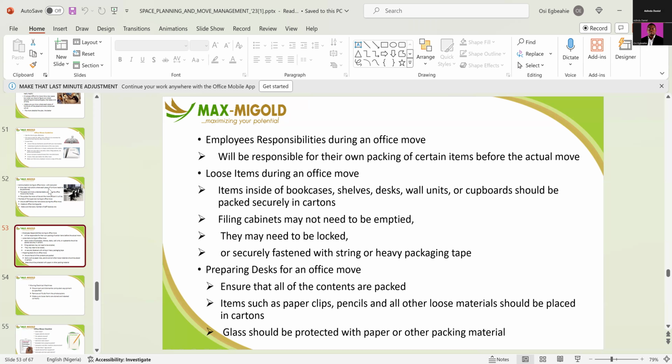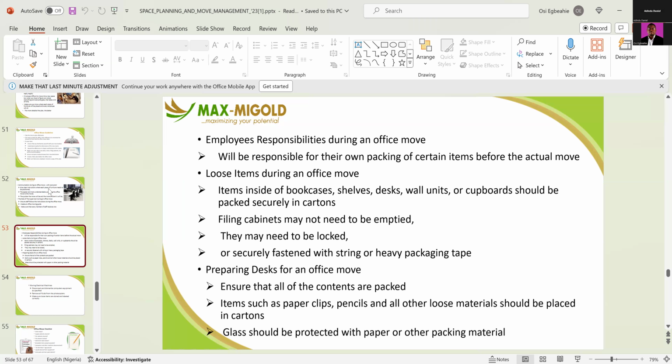For items inside bookcases, shelves, desks, wall hangings, and cupboards, you must give them cartons and let them pack and secure it by themselves with tape and probably write their names on it. Filing cabinets need not be empty; they just need to be locked and secured, fastened properly, and then taped around so they can be carried to the new location.